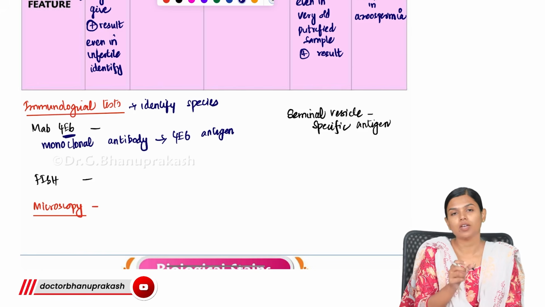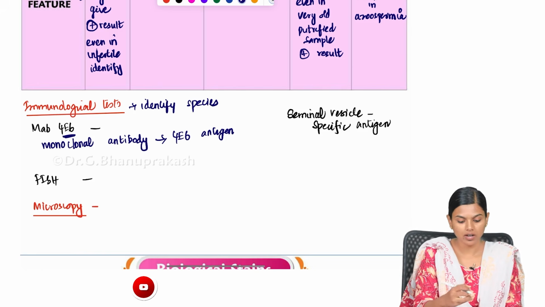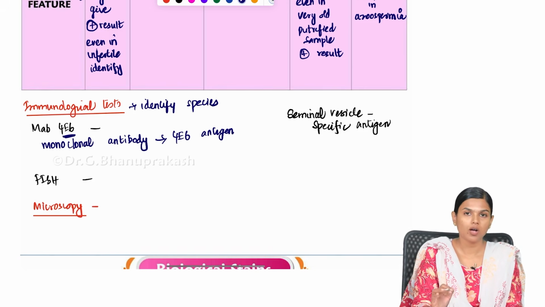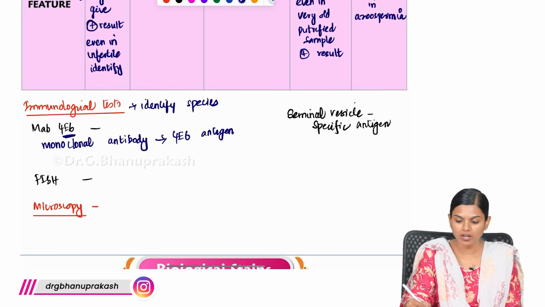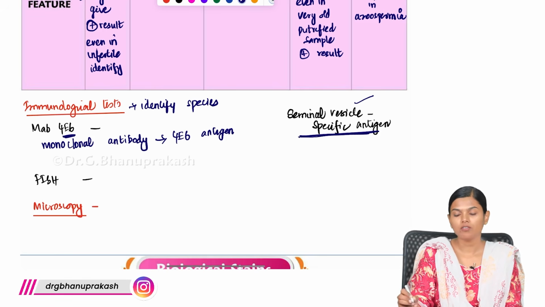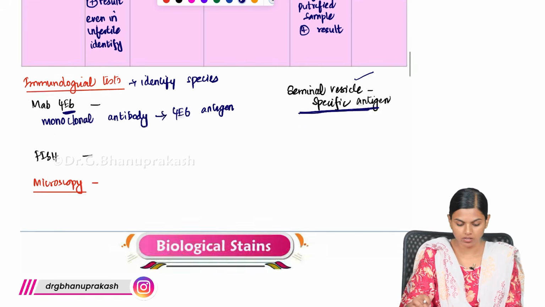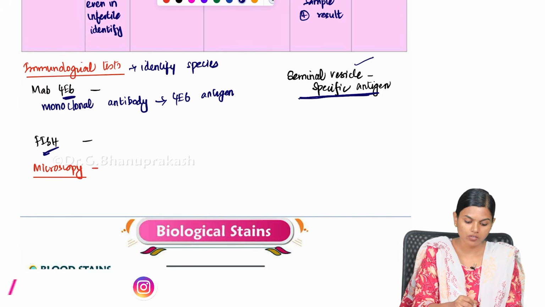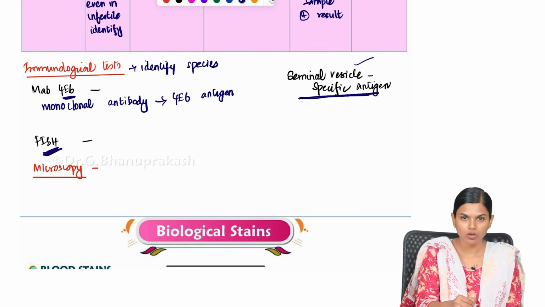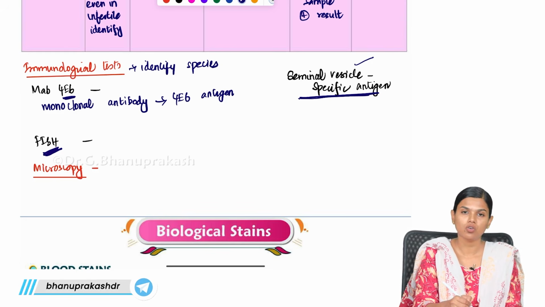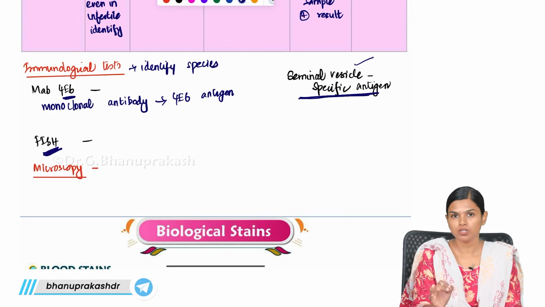So this is very specific to humans, and this MAB4E6 is used in the immunological test to identify the species. Apart from that, you will also have the seminal vesicle specific antigen where you can identify the species, and you can always use FISH for identifying the species. So all these, MAB4E6 and FISH technique, are used for immunological identification, that is species specificity.